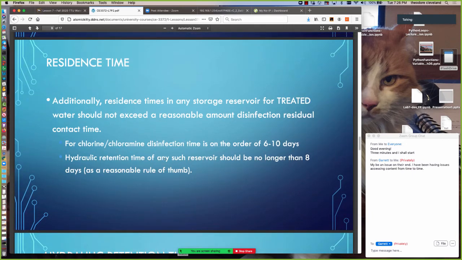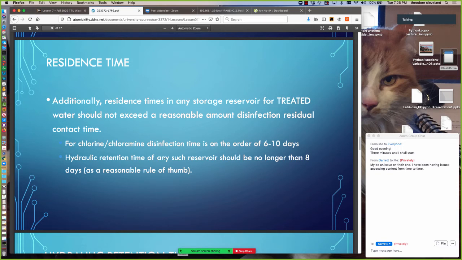So another thing to guide us is to consider that the water can't sit around in that tank for too long. If the water's been treated to presumably a drinking water standard, so it's potable water, then when we treat it, we create a disinfection residual.